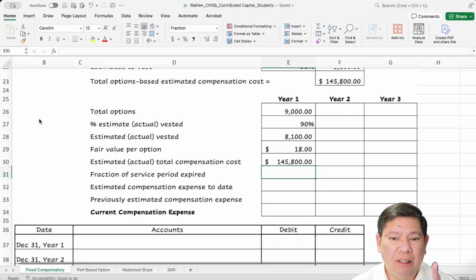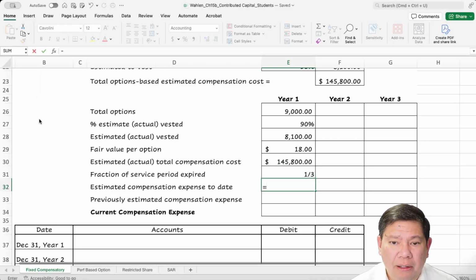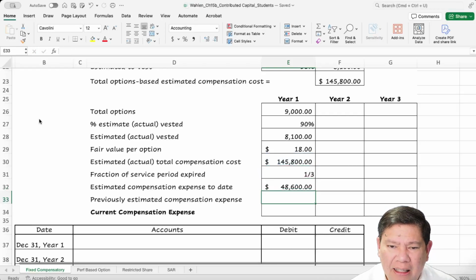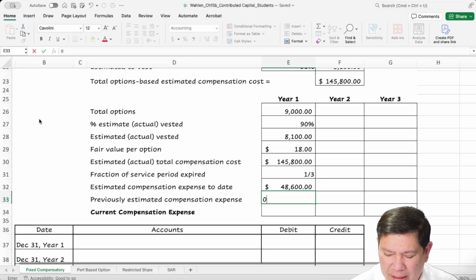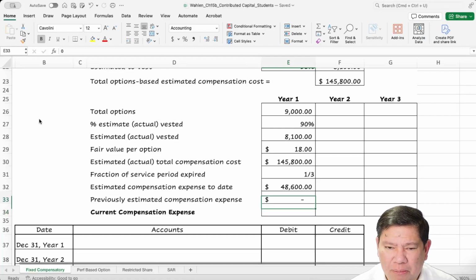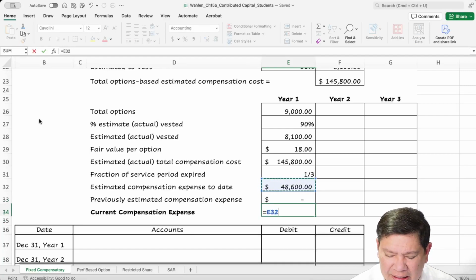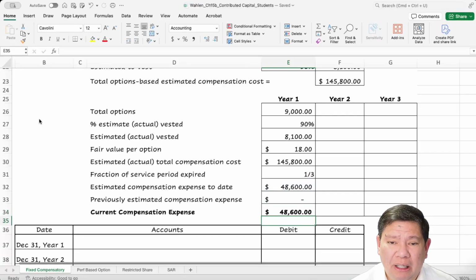That's not just for year 1, that's for the whole thing. The fraction of service period expired after year 1, of course, is only 1/3. So 1/3 of 145,800 is 48,600, which should be recognized in year 1. Nothing has been previously recognized as an expense, so all 48,600 is going to be the compensation expense for year 1.